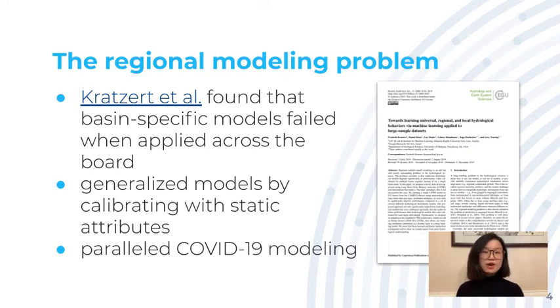Kratzer et al. wanted to find a way to generalize these models, and they did it with machine learning by calibrating with static attributes such as how big the basin is and how much rainfall they usually expect in that geographical area. They were able to calibrate the model for specific areas and use one big model that was tuned with those static attributes to predict their hydrological modeling.